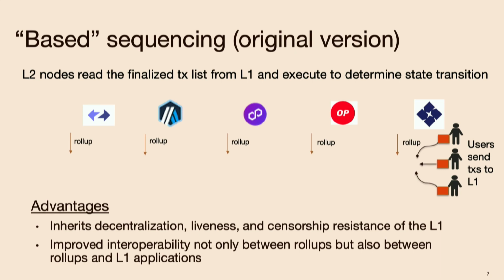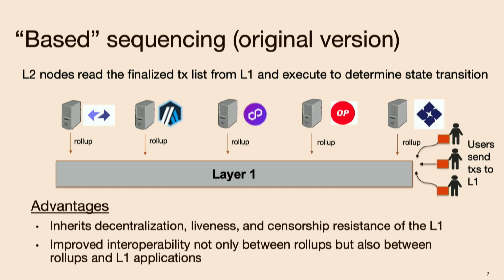So L2 nodes just read the finalized transaction list from the L1. There's no additional sequencer. The users send their transactions directly to the rollup smart contract. And L2 nodes read the finalized transaction list from the L1, they execute them, and then periodically post what the state transition is, along with perhaps a ZK proof to the layer 1.